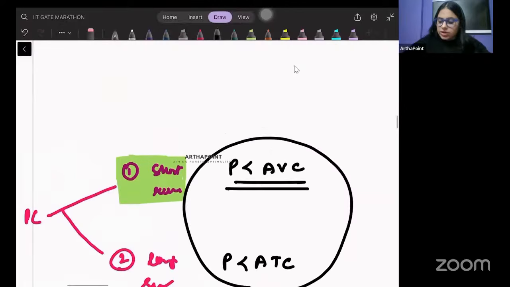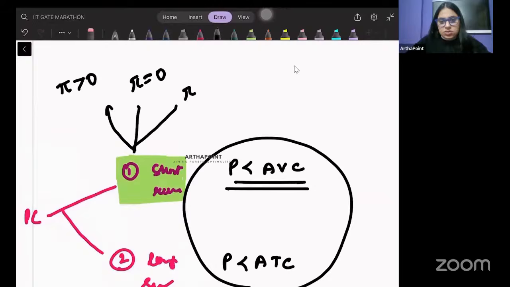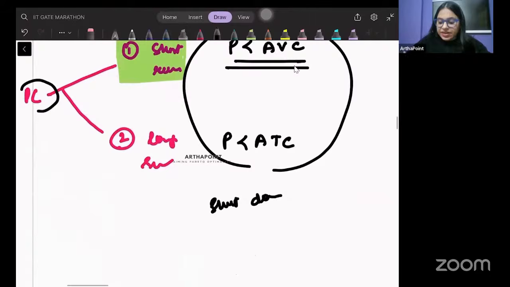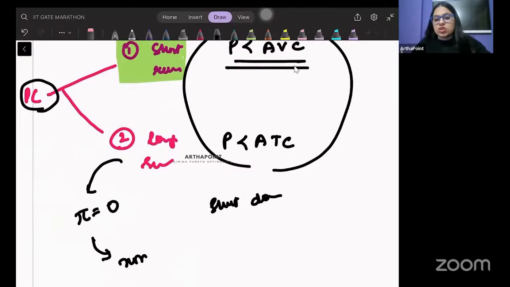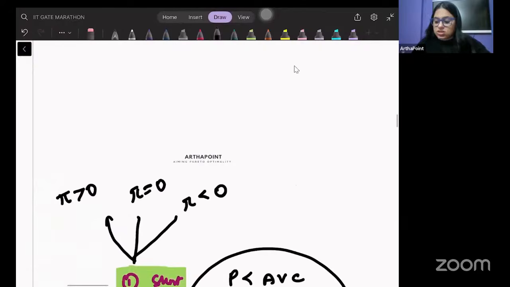In short run, I can have profit. I can have zero profit. I can have loss. But in long run, as a perfectly competitive market, I will always have zero profit. Zero profit is called normal profit situation. Positive profit is called supernormal profit.